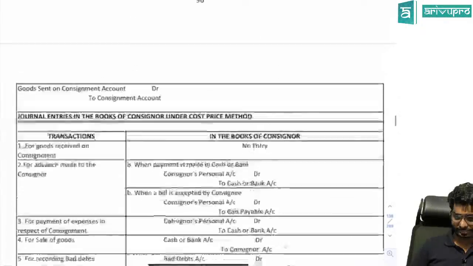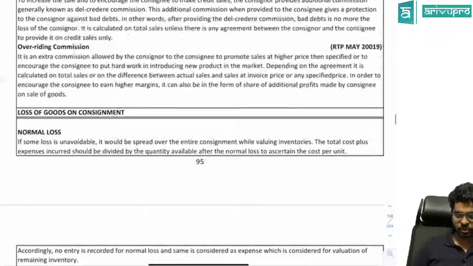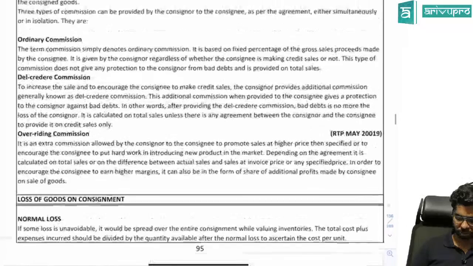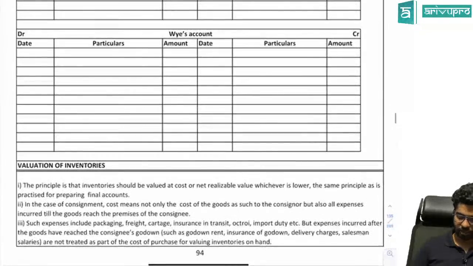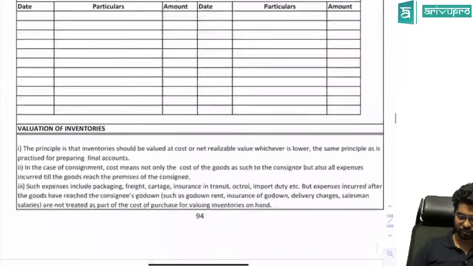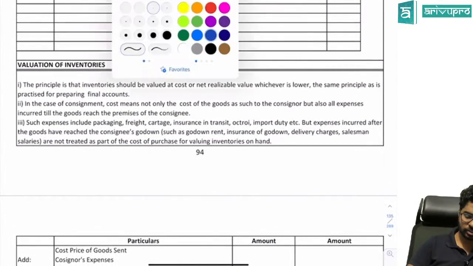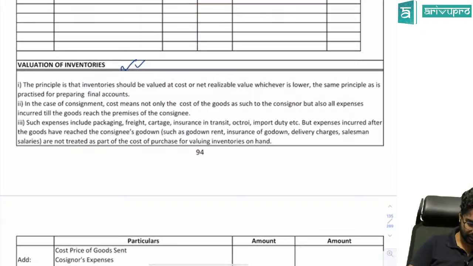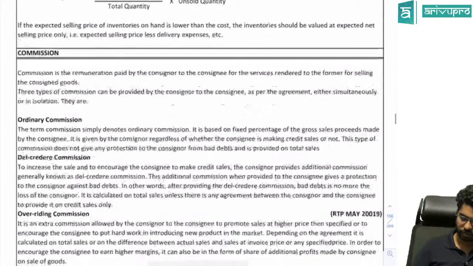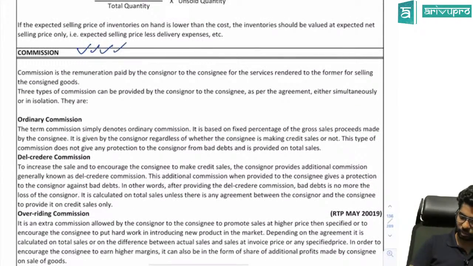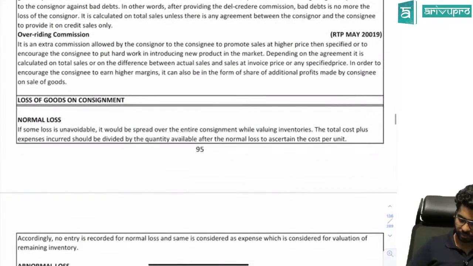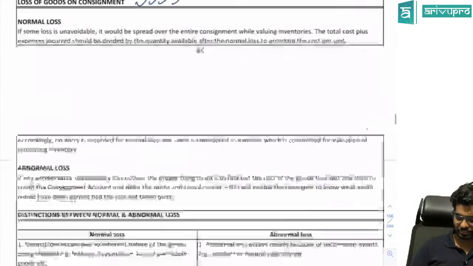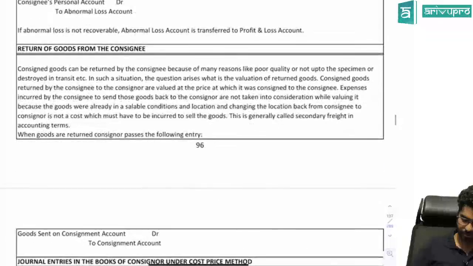Done? Guys, it is 6:20 now. At 6:40, I'll give you guys 20 minutes. I want you guys to read this topic, valuation of inventories. Read about the commission. What happens in case of loss of goods, return of goods.